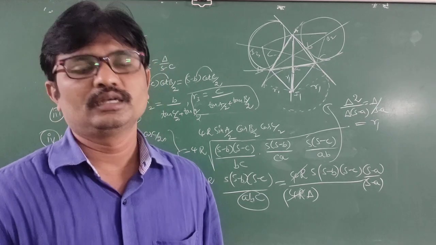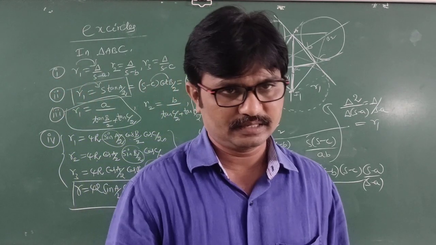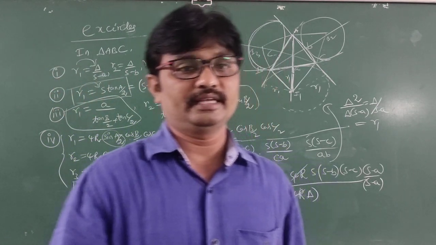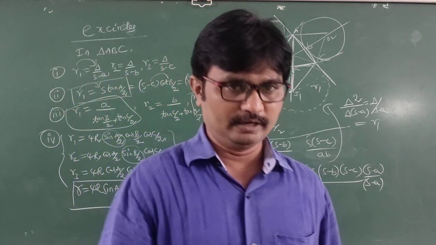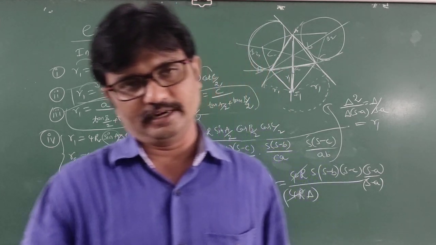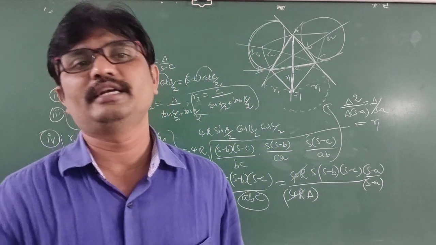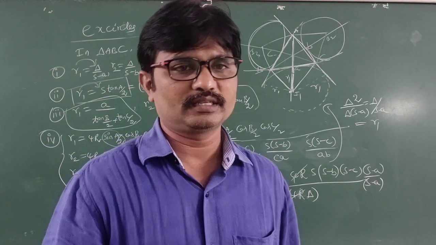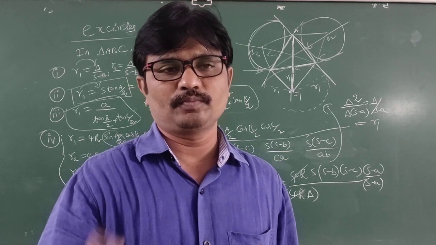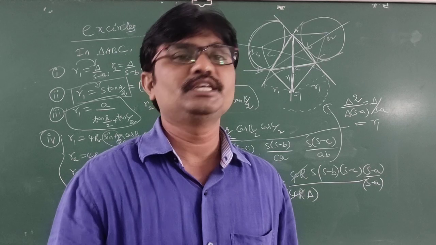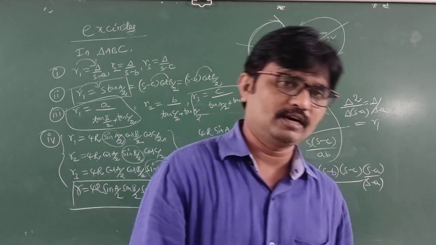Please write down. The small r is Δ/s. The small r is (s−a) tan(A/2), (s−b) tan(B/2), (s−c) tan(C/2), and small r is a / (cot(B/2) + cot(C/2)), b / (cot(C/2) + cot(A/2)), c / (cot(A/2) + cot(B/2)).